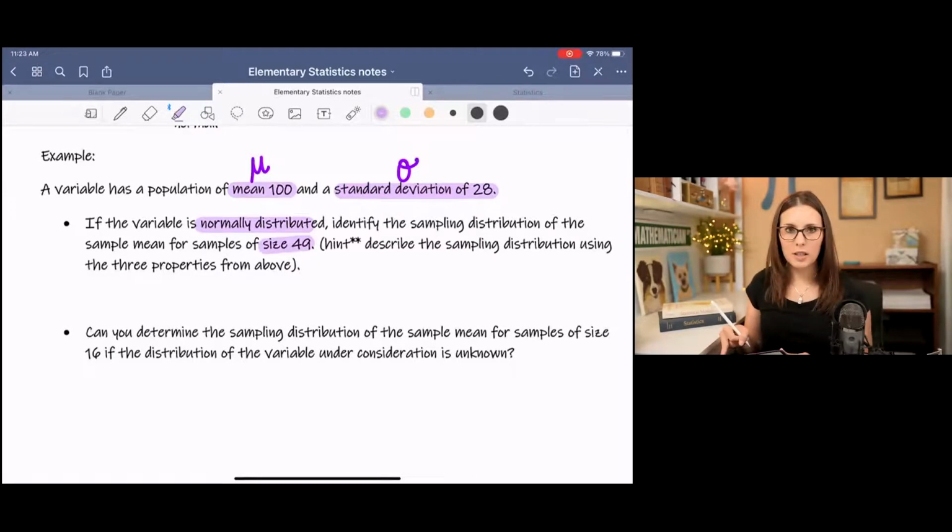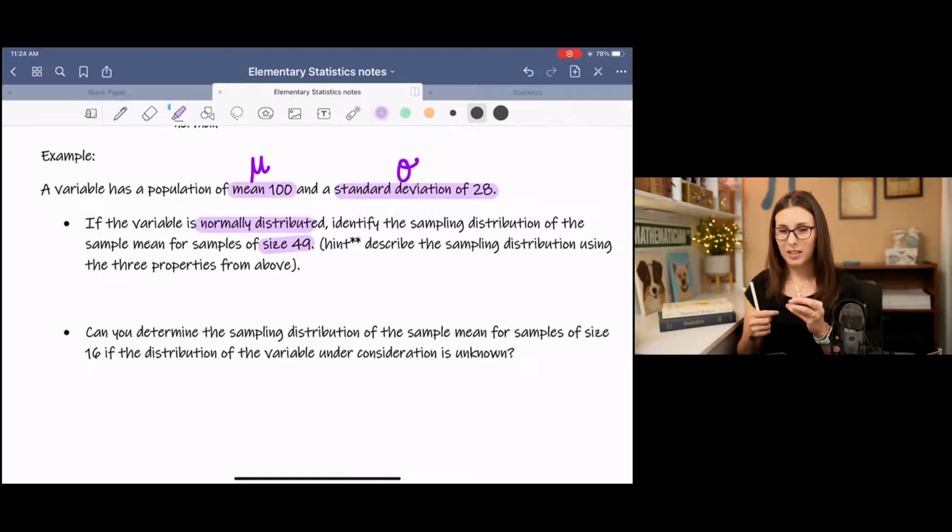So what it's asking here when it says identify the sampling distribution of the sample mean is to describe the sampling distribution. And in order to describe the sampling distribution, we want to see if the central limit theorem can apply. If we look at the information given, we have a population mean, we have a standard deviation, we know that the variable is normally distributed, and we have a sample size that is large enough.